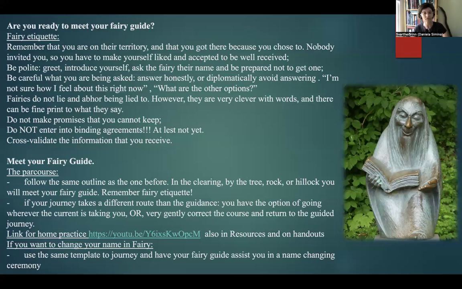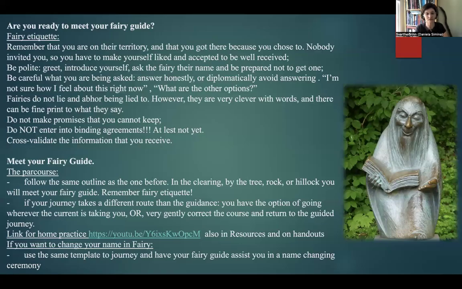If that happens, you can change it officially in fairy and have your fairy guardian reinforce that, witness that, or officially bestow that name on you.